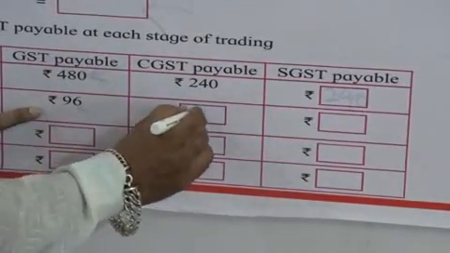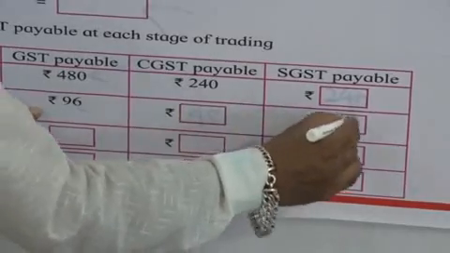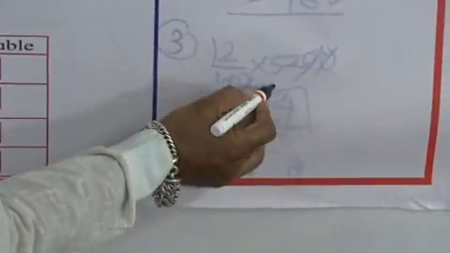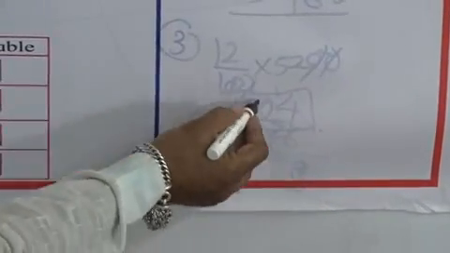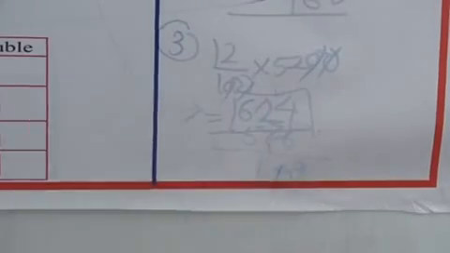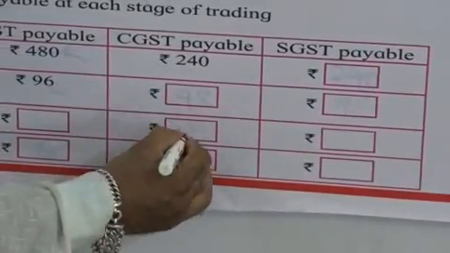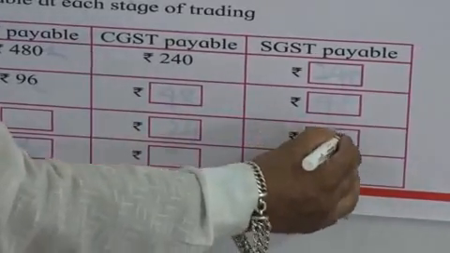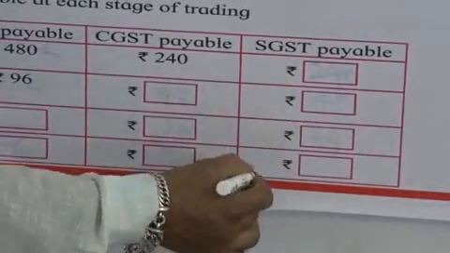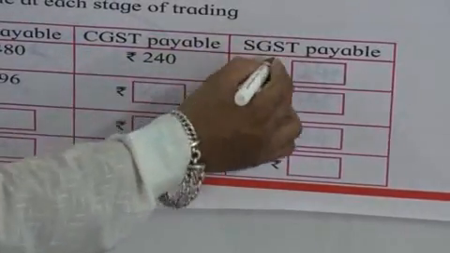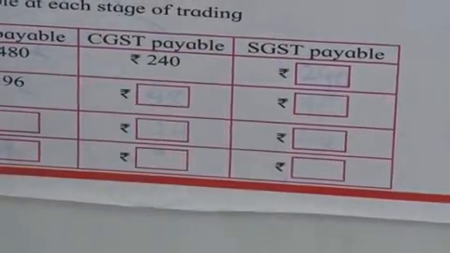How many? 48 and 48. And the third difference is how many? 48, so 24, 24. And the sum is the CGST paid to the central government and the SGST paid to the state government.